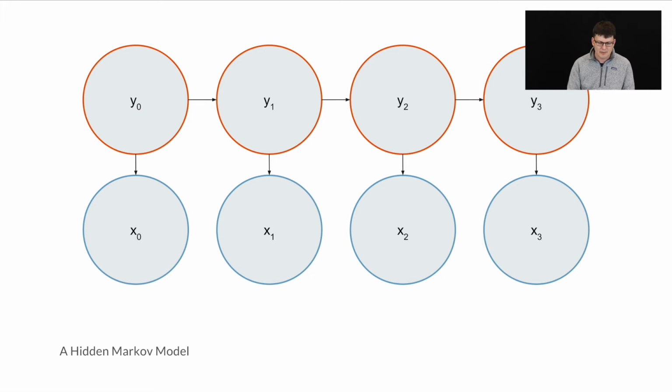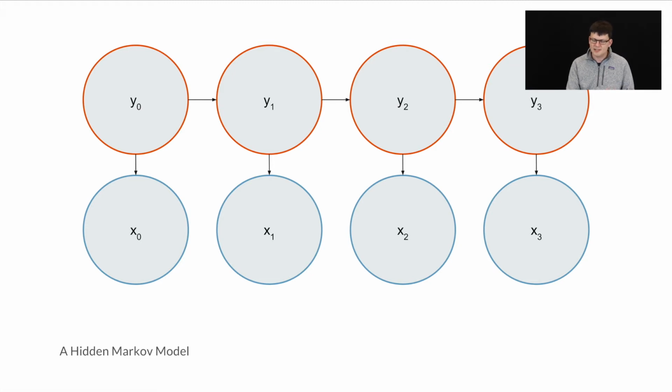And then at each step, in addition to having some internal state, it also is able to emit something to the outside world. So you can imagine a little blinky light on the side of this machine that blinks red, depending on what's going on inside, or maybe green if something else is going on inside. And this is also stochastic. So state A doesn't always blink red, state B doesn't always blink green.